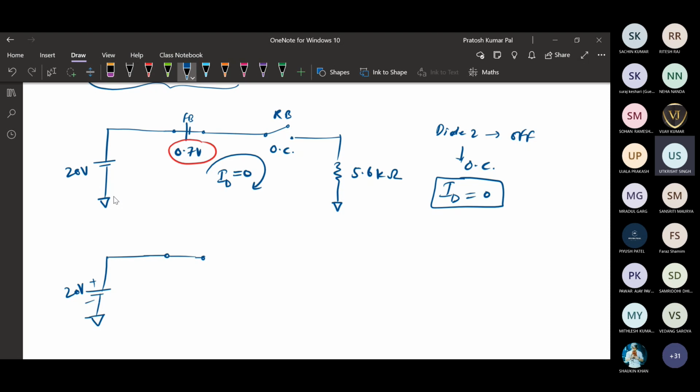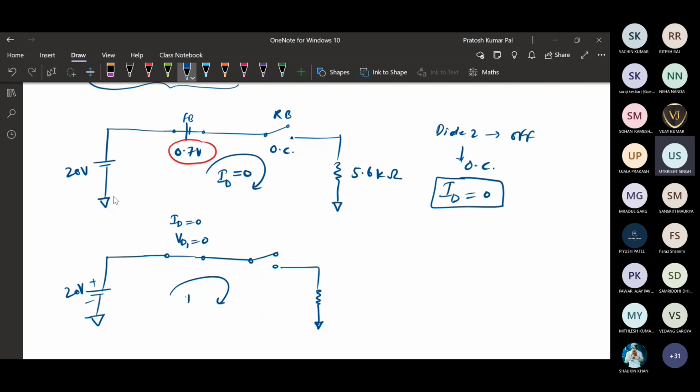It will behave like a short circuit diode. So here the voltage drop VD1 will be equal to 0 as the current flowing through it is 0. As the current flowing through it is 0, it will not have 0.7 volt across this diode. So this will be the correct equivalent circuit.